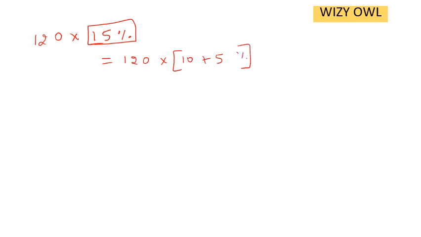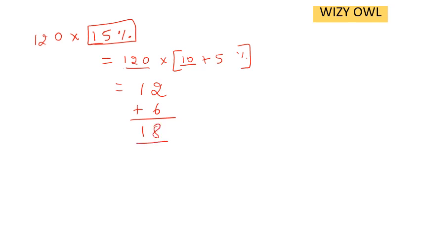As you remember earlier, to find 10% of 120 is very easy and its value is 12. To find 5% of 120, you just have to halve the number that you found by 10%. So half of 12 will be 6 and your value will be 18.